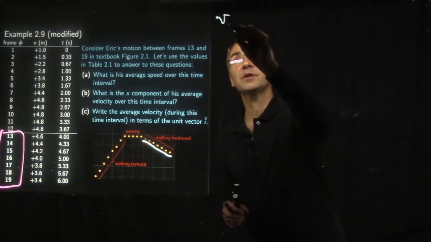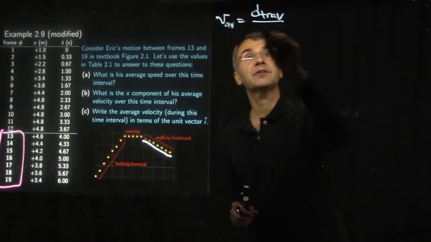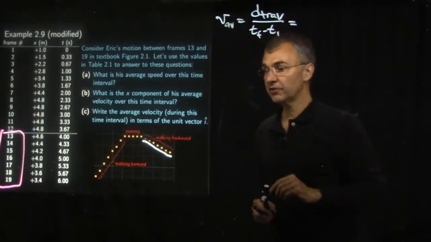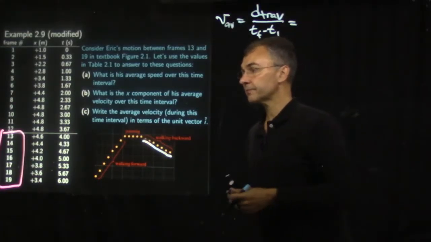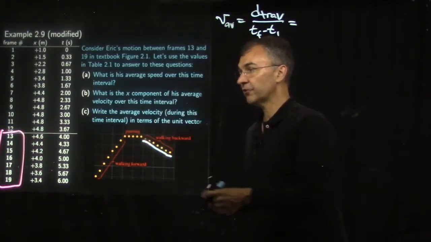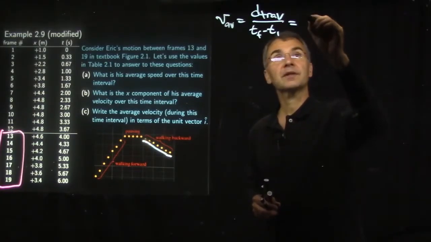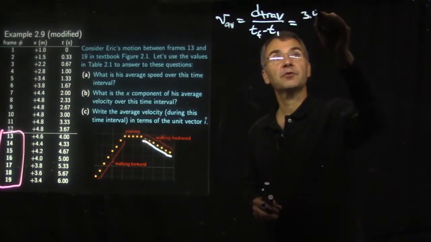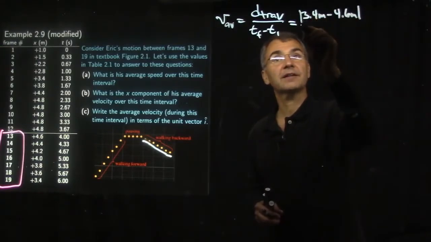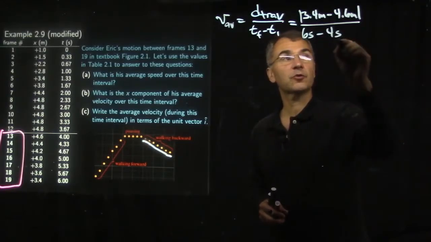So we have the average speed is the distance traveled divided by the time elapsed. That's t final minus t initial. So in this case, his distance traveled is between 4.6 meters and 3.4 meters. So that is 3.4 meters minus 4.6 meters, the absolute value of that, divided by 6 seconds minus 4 seconds.